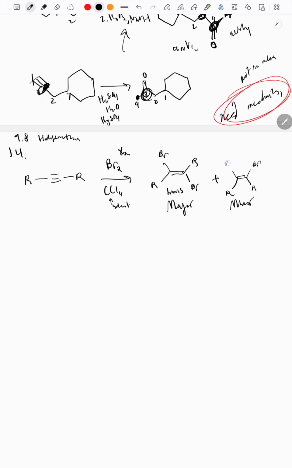Mechanism, I don't think it's well understood, but we will draw one anyway. Let's say we had a terminal alkyne. What we'll do first, if there is Br and Br, it's like that. Consider the mechanism. This will share electrons and then also receive them. Donate that there.